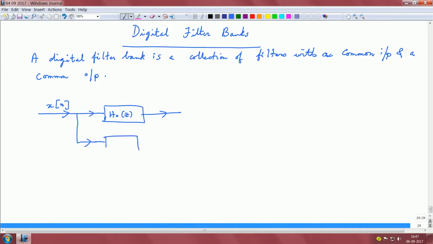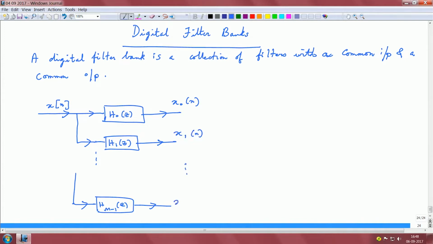So, this is H naught of z, this is H 1 of z, dot dot dot, till H m minus 1 of z, and let us designate these signals as x naught of n, this is x 1 of n, so on till x m minus 1 of n.